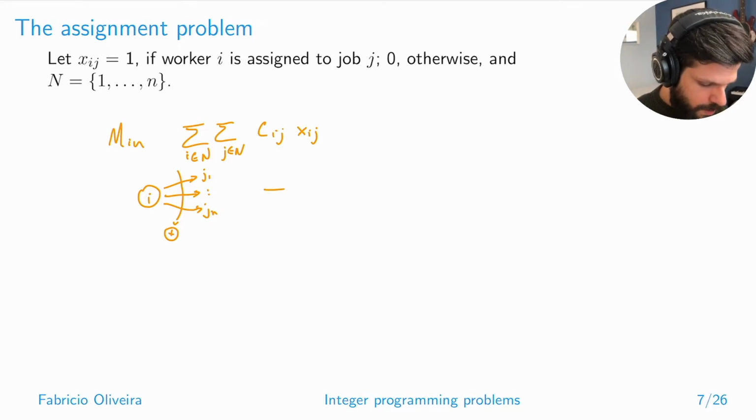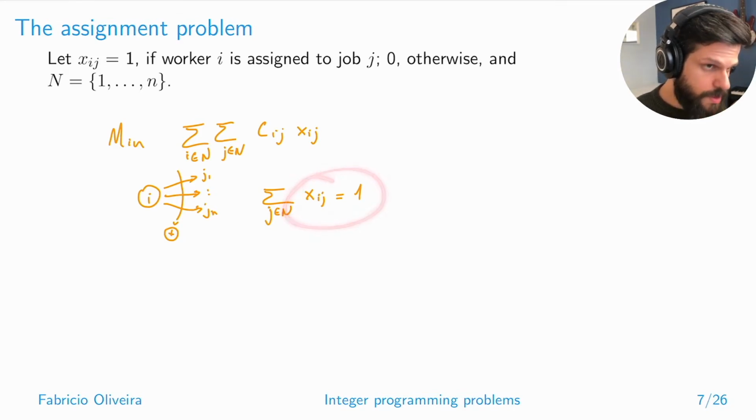So that means when I look at all workers i and sum along the jobs j, I have to see only one job being assigned, and that can be seen by doing so.